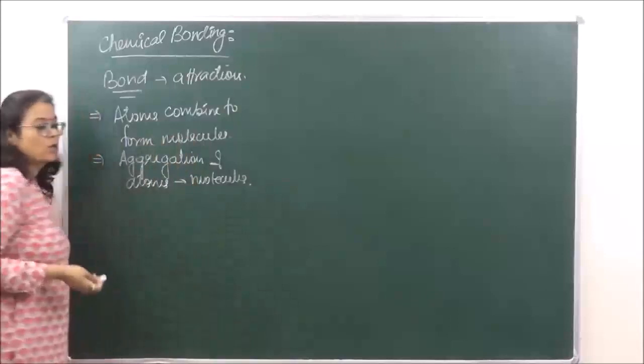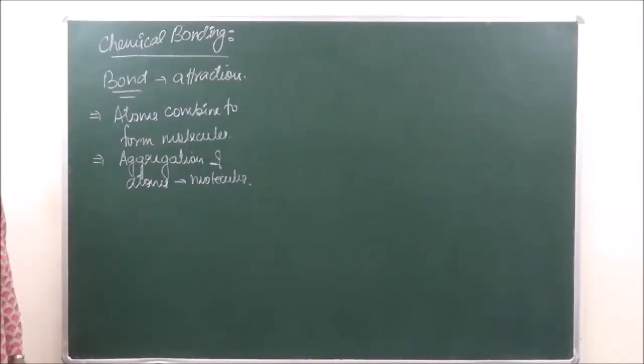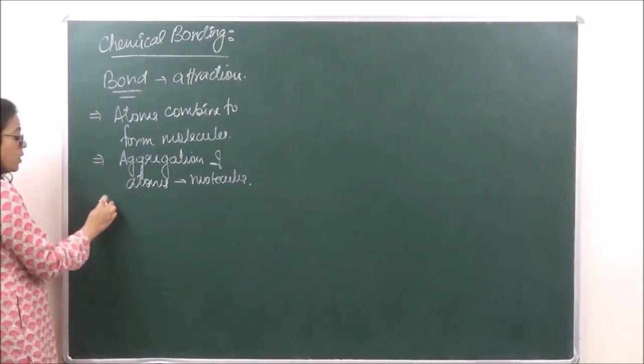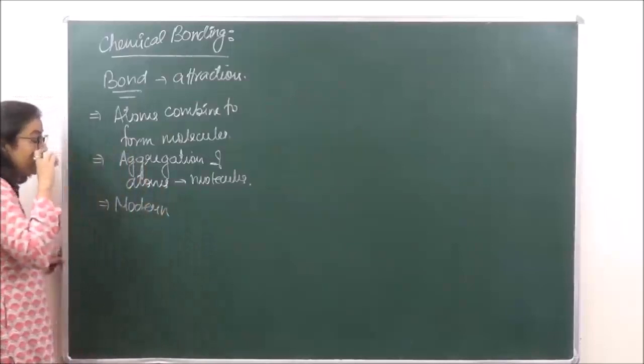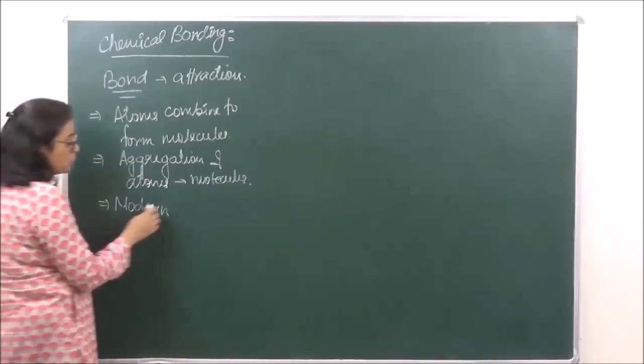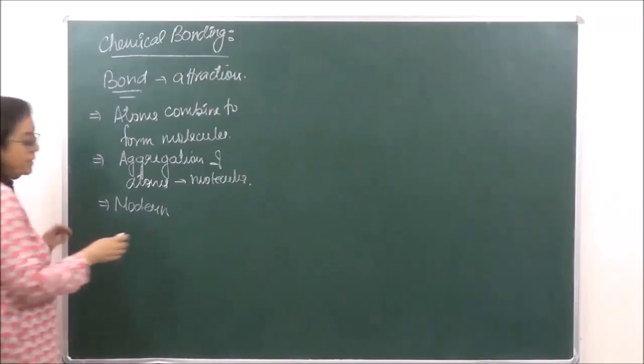It is known as molecules. The aggregation or cluster of atoms together is equal to molecules. There was a theory given for binding of atoms together to form clusters of molecules, which was known as the modern theory of bonding.